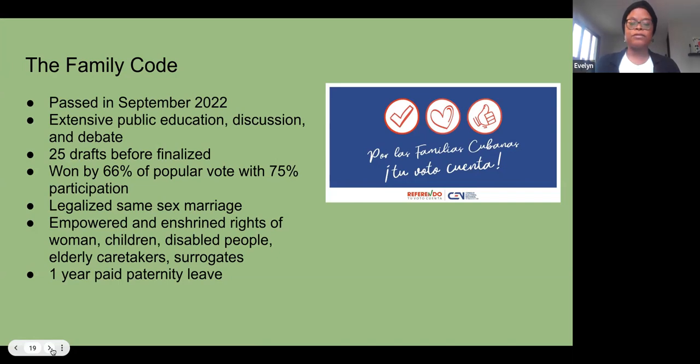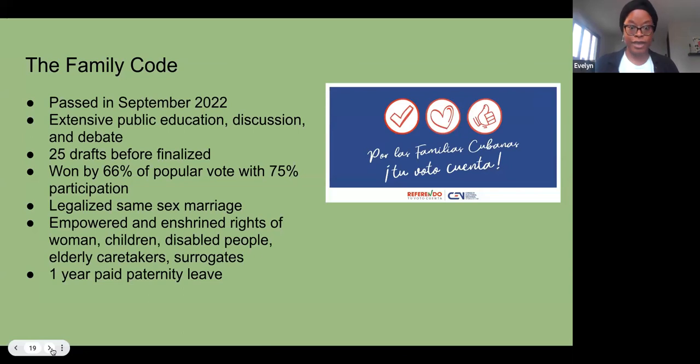There were over 400,000 proposals sent in to the National Assembly of People's Power from organizations such as the Federation of Cuban Women, the Committees to Defend the Revolution, and many others. Those were all taken in, reviewed, consolidated, and then what emerged was this final draft, this 25th draft of the Family Code.